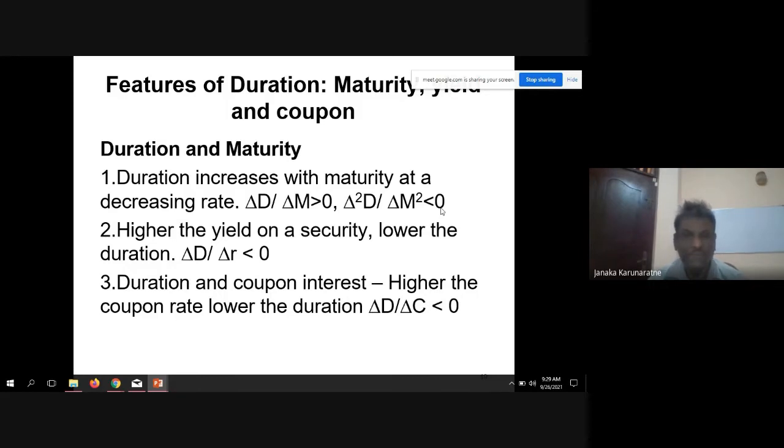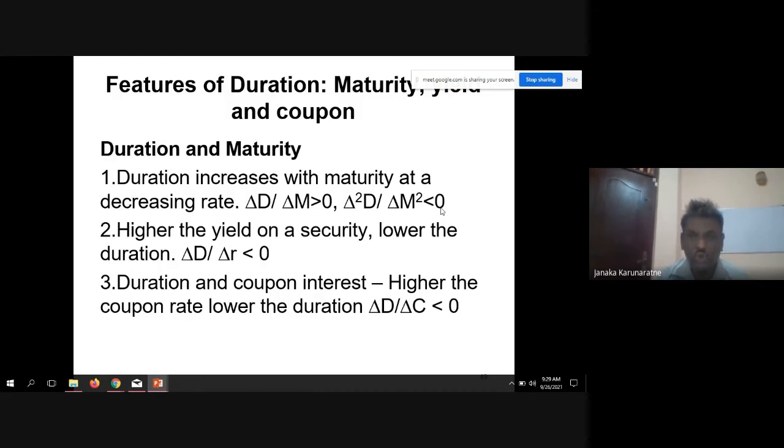Let's say, in order to manage your interest rate risk, you want an interest rate related coupon product, but you want a higher duration security.